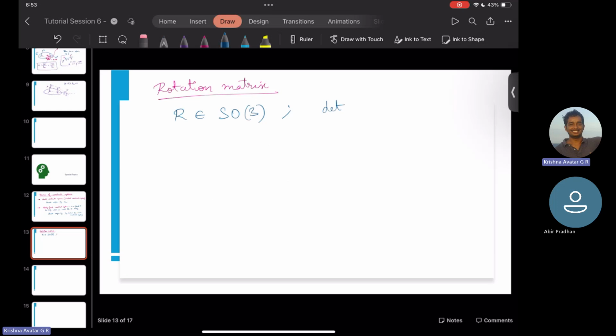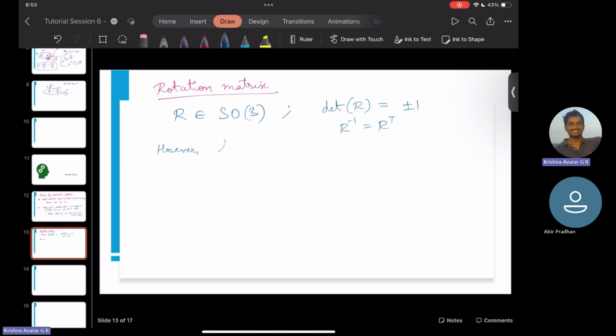And the properties are that the determinant of R is equal to plus minus 1, and R transpose is equal to R inverse, or rather R inverse is equal to R transpose. That's right.